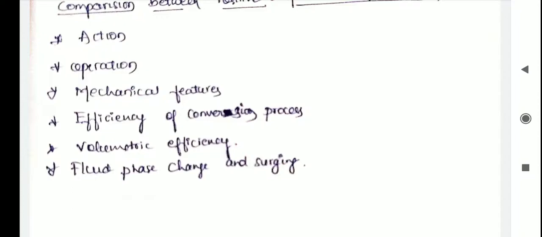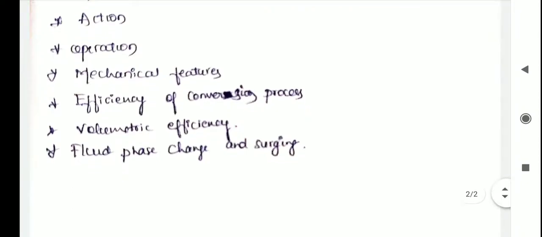Fourth: change of phase during the fluid flow causes serious problems in turbo machines, and less problems in positive displacement machines. Efficiency is usually less in turbo machines, and higher in positive displacement machines.